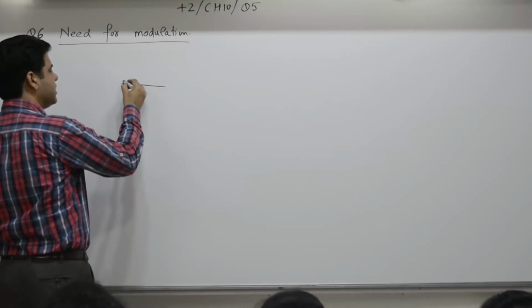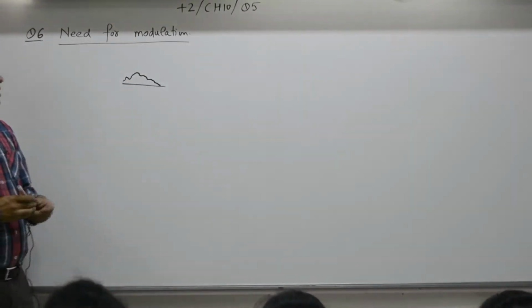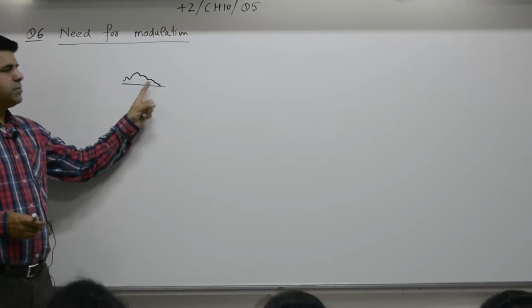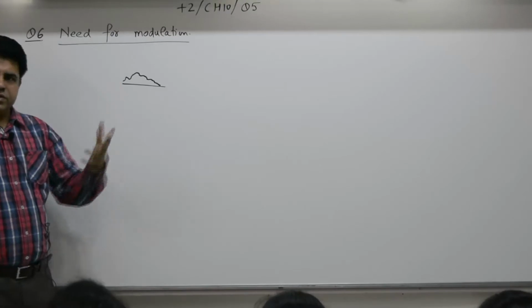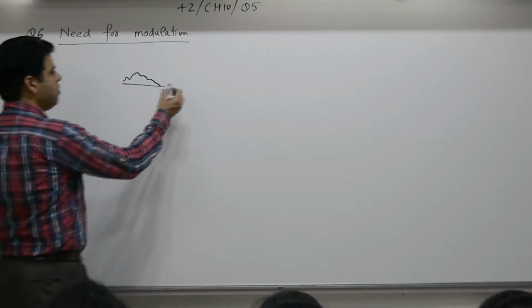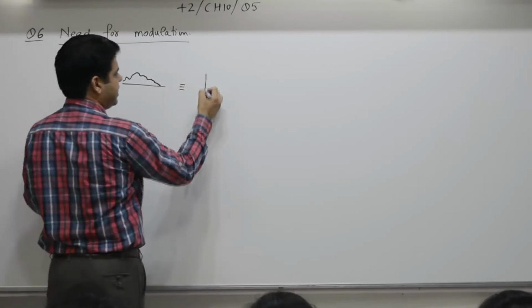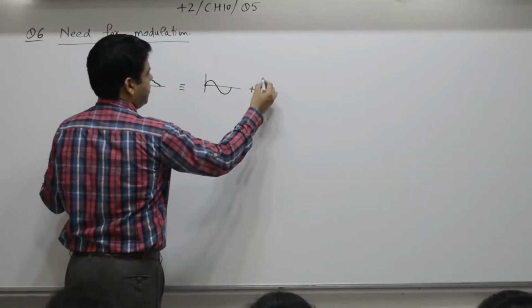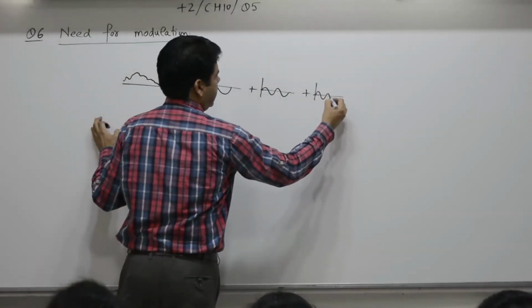The volume first increases, then decreases, say it is this one. Suppose this is the signal. It is represented like this, and if you record it, it will look like this. It is not a single sine wave, it is one sine wave plus higher frequency plus still higher frequencies.